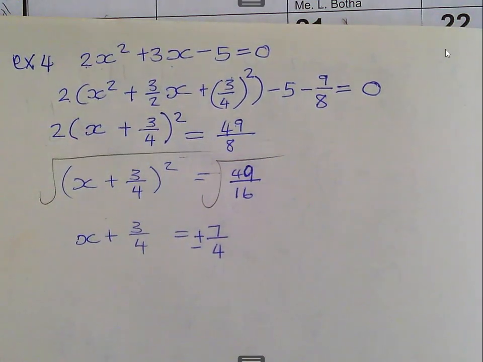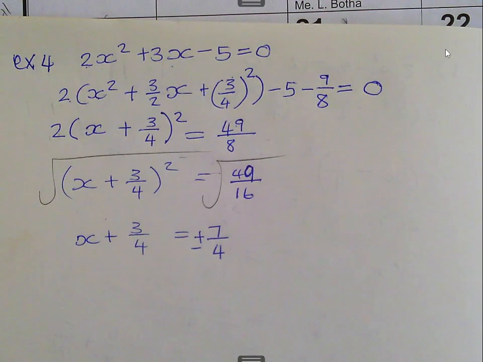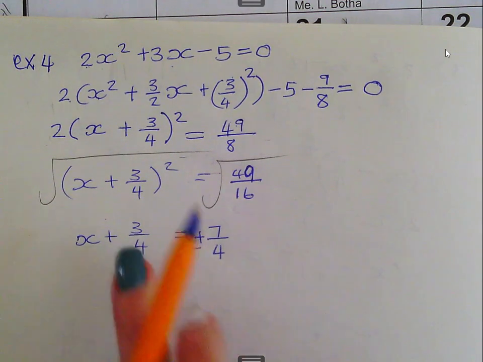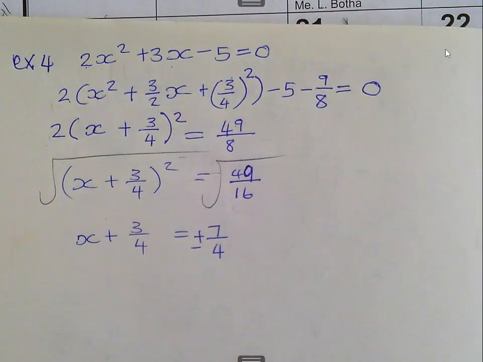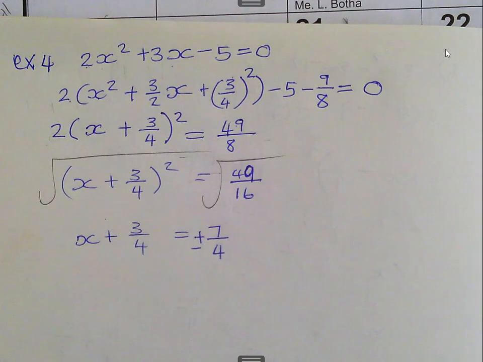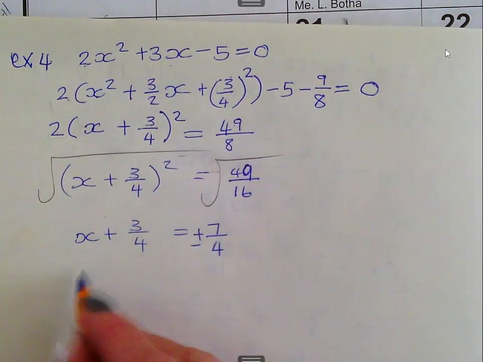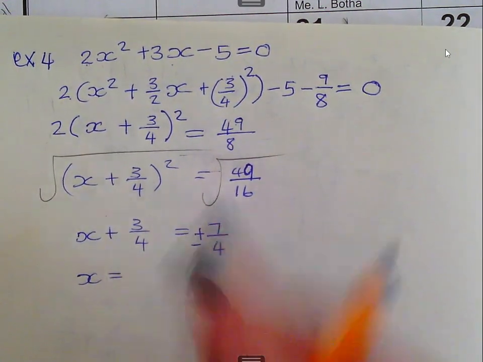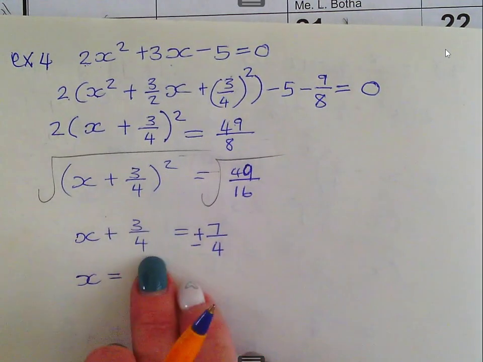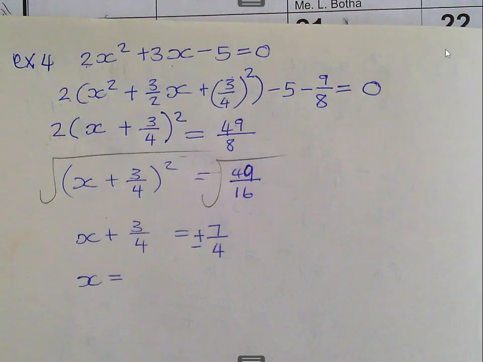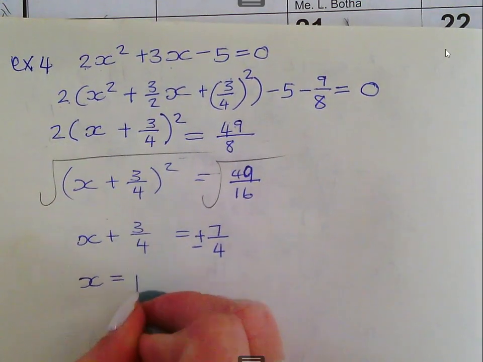And let me tell you a secret. When you're using completing of the square, in this last step where you take it over, your denominators will always be the same. Always. If it's not, you made a mistake. Okay. So the two sums I have are going to be 7 over 4 minus 3 over 4, which is 4 over 4, and that's 1.